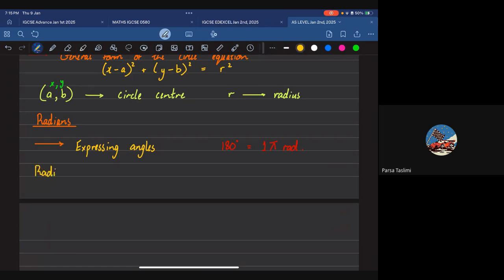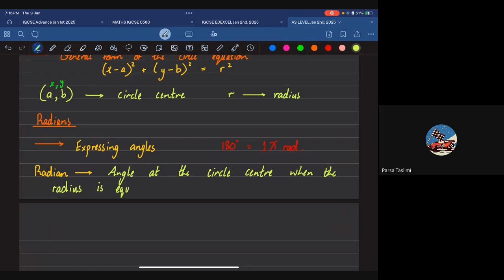If I were to define what one radian is, it is the angle at the center of the circle when the radius is equal to the arc length.